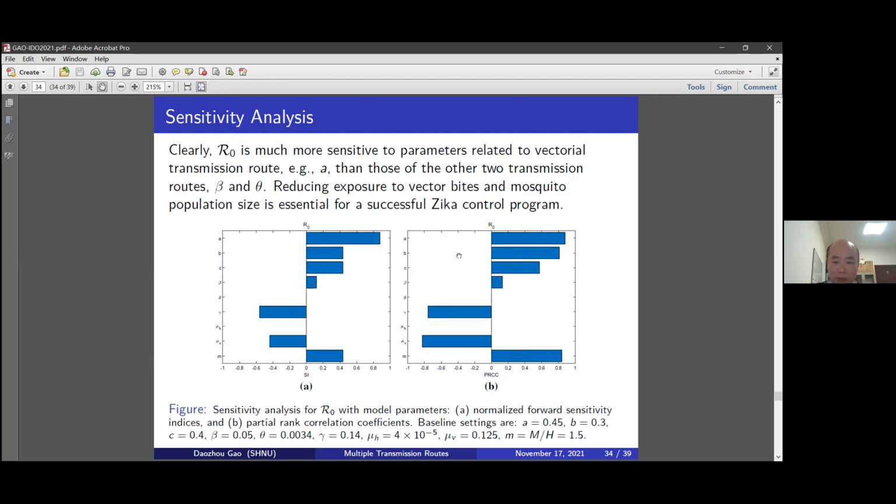But the other one is the PRCC, where you consider a parameter range for each parameter and then calculate the PRCC. That is somewhat like a global sensitivity analysis. Sounds good.